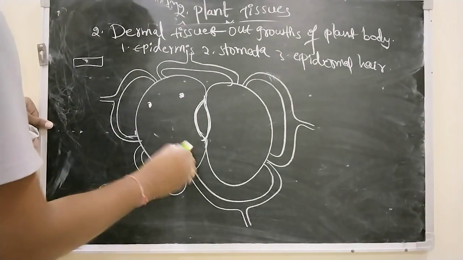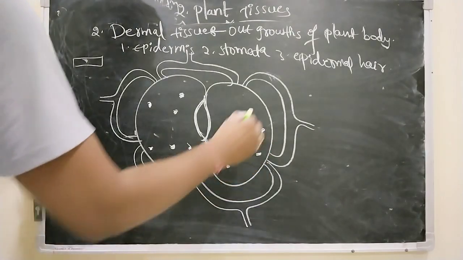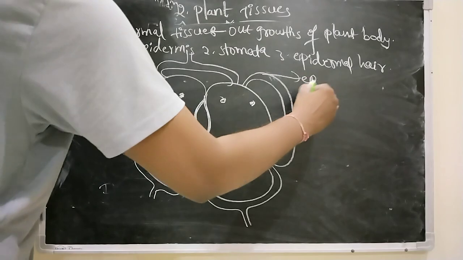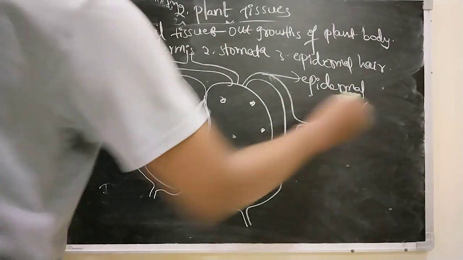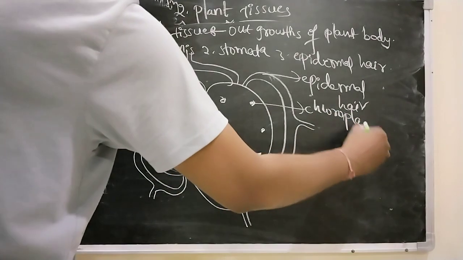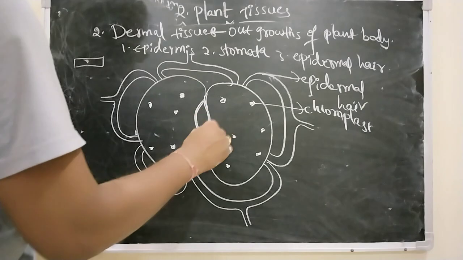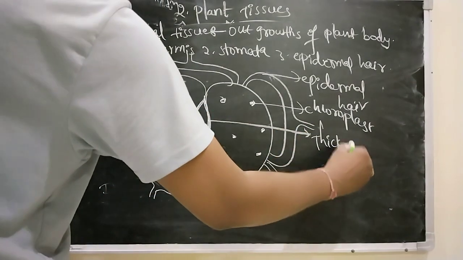These are chloroplasts. As stomata are present in the leaf, which is green in color, they contain chloroplasts. This is the epidermal hair, and this is the chloroplast, and the wall here is very thick, the thick inner wall.